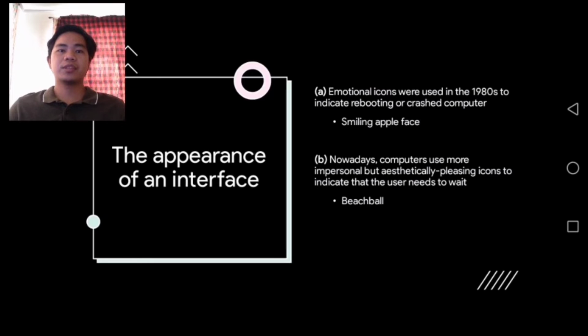The appearance of interface: the smiling Apple face. Emoticons were used in the 1980s to indicate rebooting and a crashed computer. The beach ball: nowadays, computers use more impersonal but aesthetically pleasing icons to indicate that the user needs to wait.